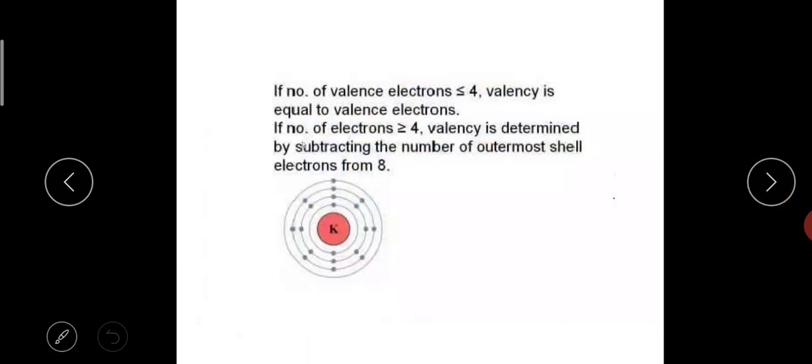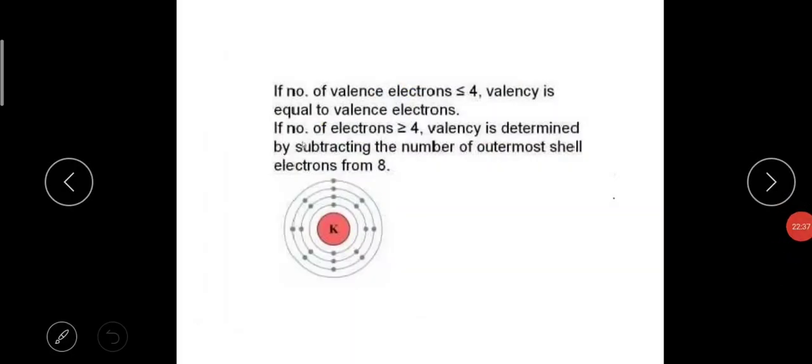Because the atomic number is 3, the electronic configuration will be 2, 1. The outermost shell has only 1 electron. I told you if it is less than 4, and 1 is less than 4, so valency is equal to valence electrons. Are you clear?